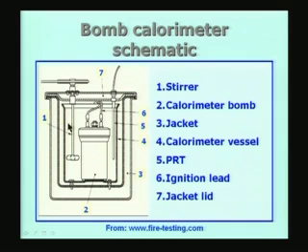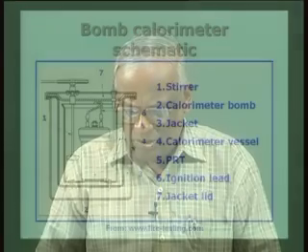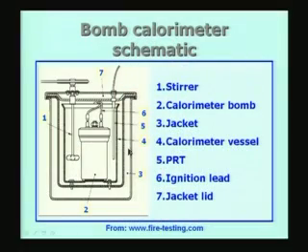And you also will see that outside the calorimetric vessel there is another vessel which we call the jacket, which is filled with water which may be circulated, so the temperature remains constant throughout the experiment, before and after the combustion process is initiated. That means the temperature of the jacket is almost constant, equal to the temperature before the experiment starts.